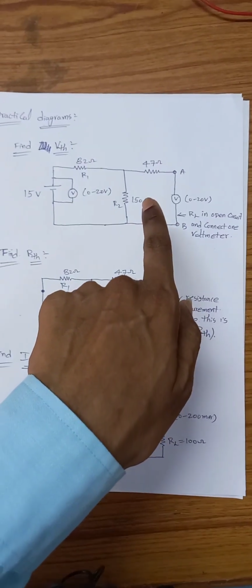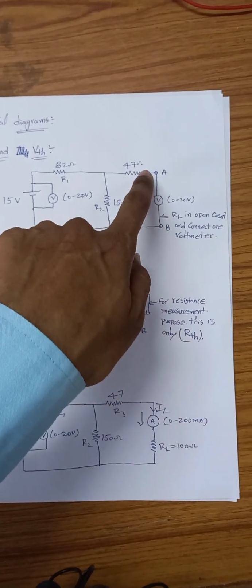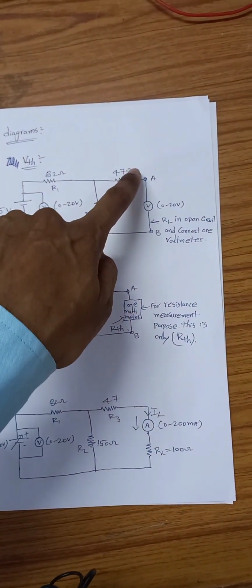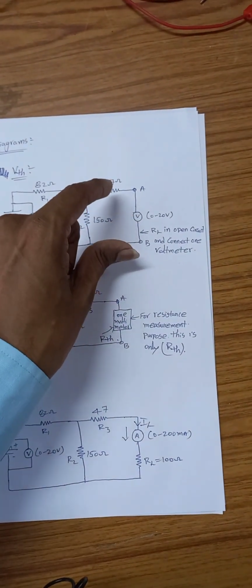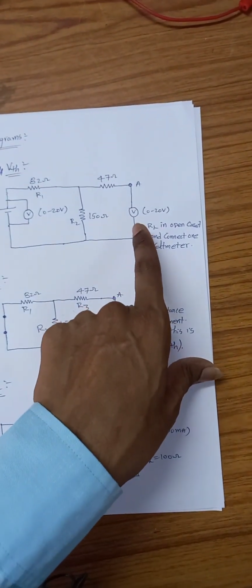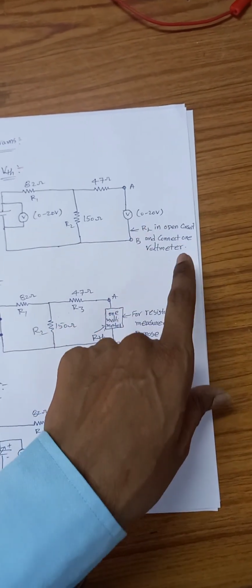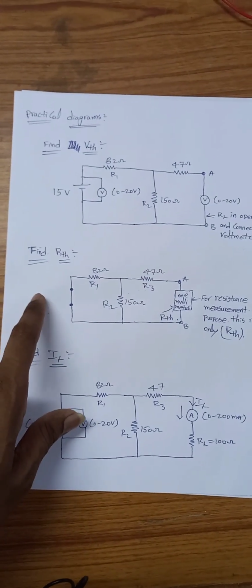So according to the first condition, whenever we find V Thevenin, we make the load resistance open circuit. Here I have open circuited the load resistance. Where we did the open circuit, at that place I have taken one voltmeter to find the Thevenin voltage. And the next one, R Thevenin.